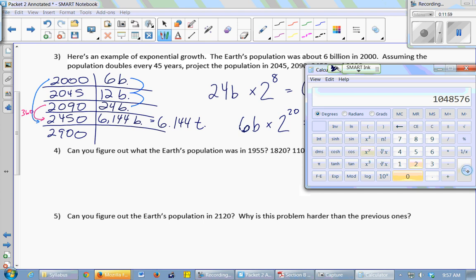So 2 to the 20th times 6 billion is 6,291,456 billion. So if I try to translate that, I would get 6,291,456,000,000,000.